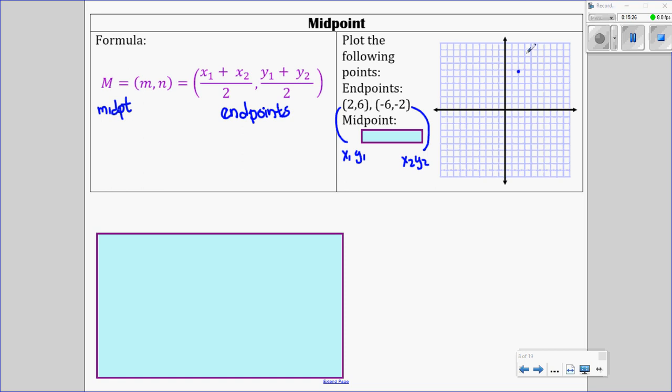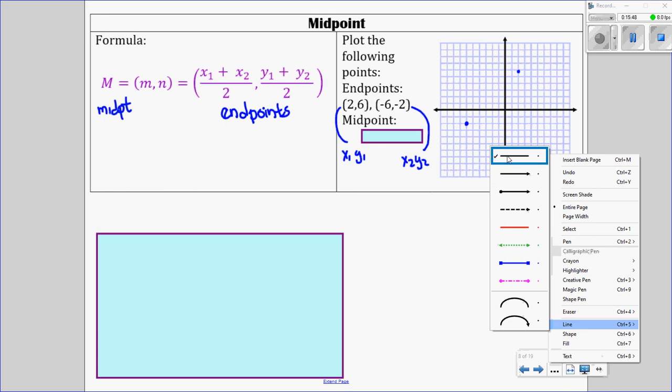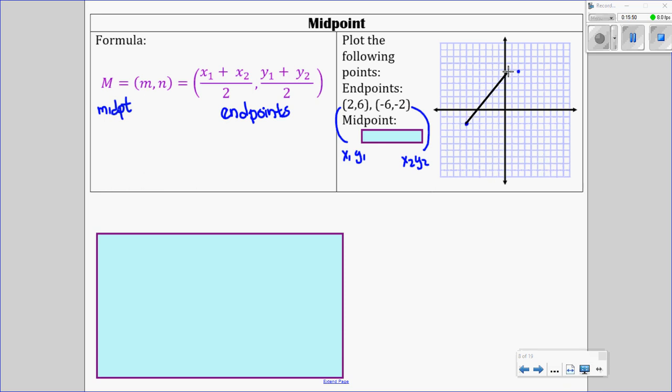And then we have negative 6, and 1, 2, 3, 4, 5, 6, and negative 2 down here. So we have these two, and we're looking for the midpoint between those 2 points. And I'm going to draw the line.